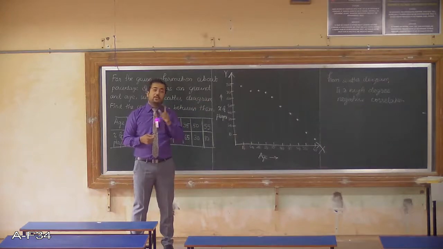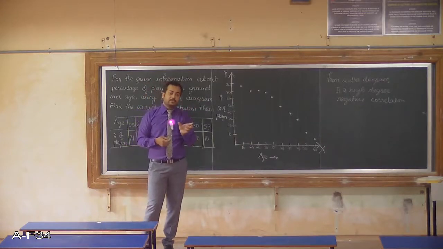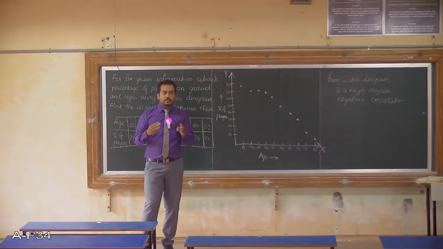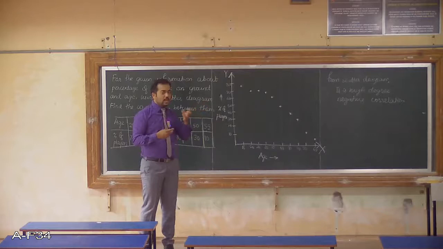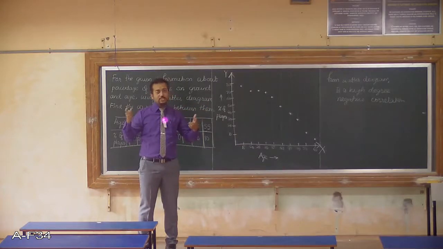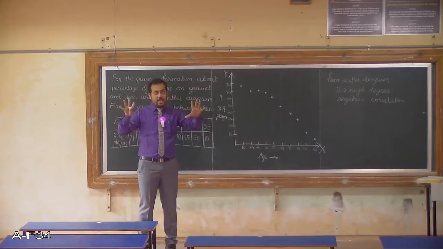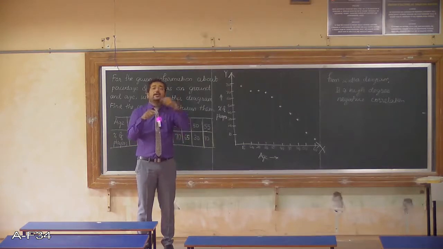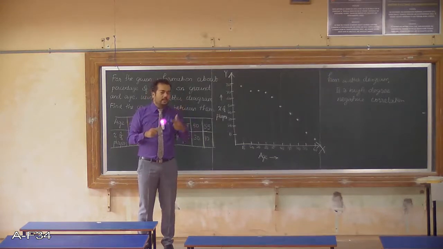So it largely depends on the axes, the scale you take for x and y. It depends on the cluster of values, how you present them. If you stretch it in both directions, then obviously it is going to scatter. And if you take too small a scale, then it is going to become very compact, and you may assume it is a high degree correlation.